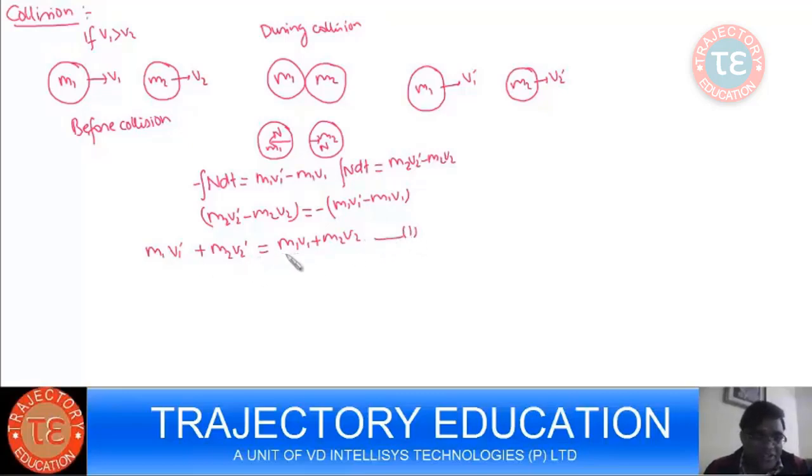What is this actually? This is the linear momentum of the system after collision, and this is the linear momentum of the system before collision. System of what? System of these two masses. And why is it getting conserved? Because there is no external force acting on the system of these two bodies. The only force is N, which is an internal force, not an external force.